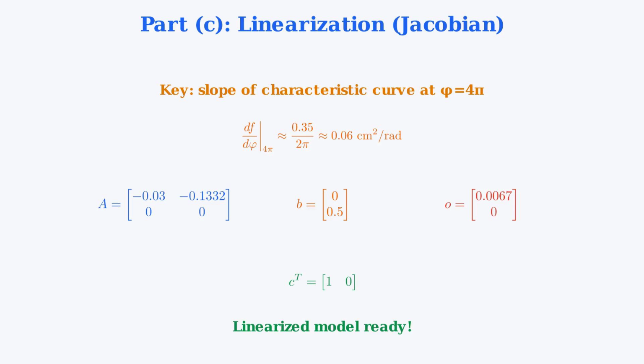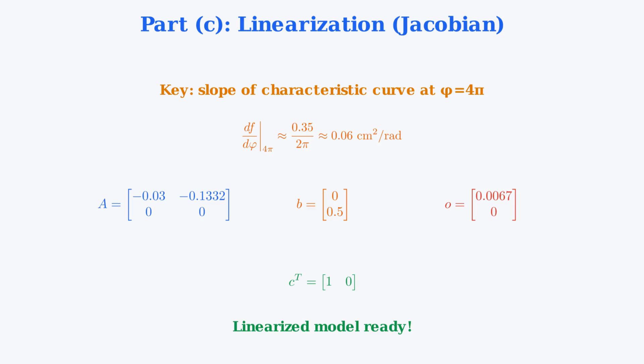For f1 with respect to x2, the derivative involves the slope of the characteristic curve df over d phi evaluated at phi equals 4 pi. From the tangent on the curve, this slope is approximately 0.06 square centimeters per radian. The result is negative 0.1332.